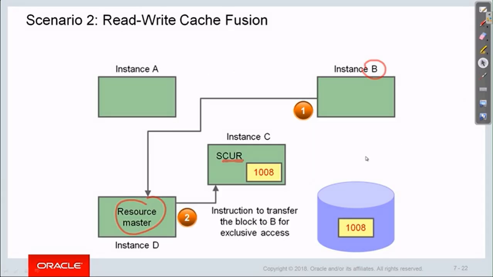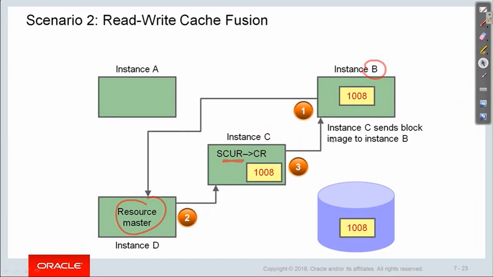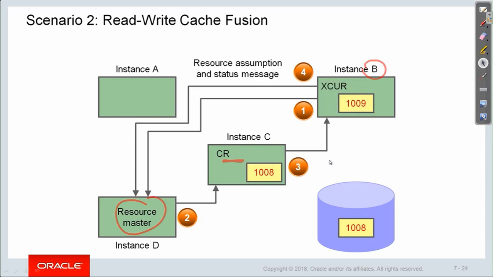Finally, instance D located the current location and instructed instance C to release it. The block is copied over to instance B, and the block that was current is now a snapshot consistent with the block. Instance B received the block and modified it.